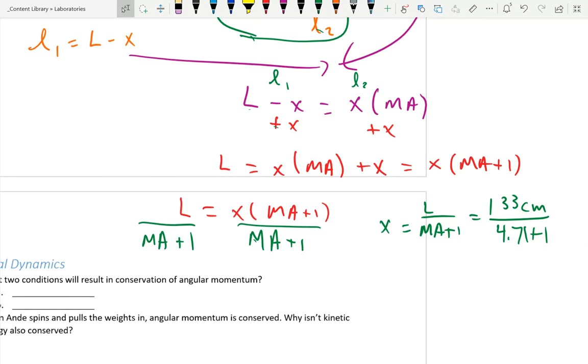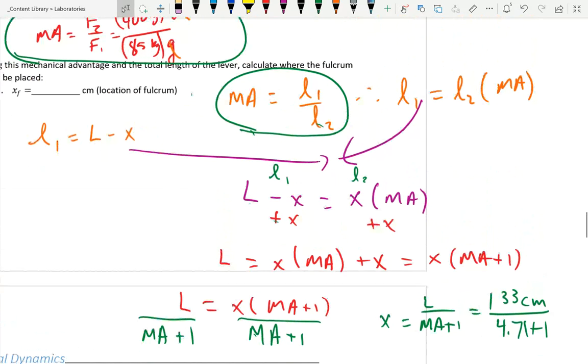Yes, Randy, I got 0.23. It's 1.33, the total length, and 4.71 is the mechanical advantage. So how is the 4.71 already in centimeters?